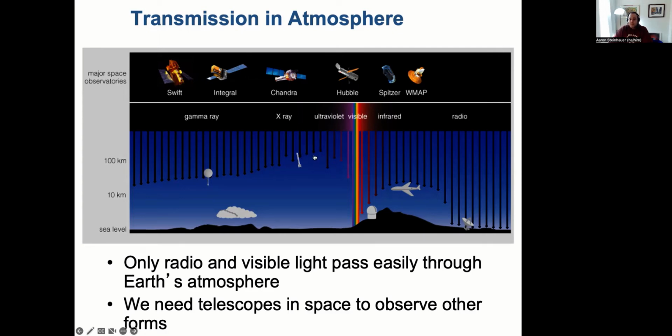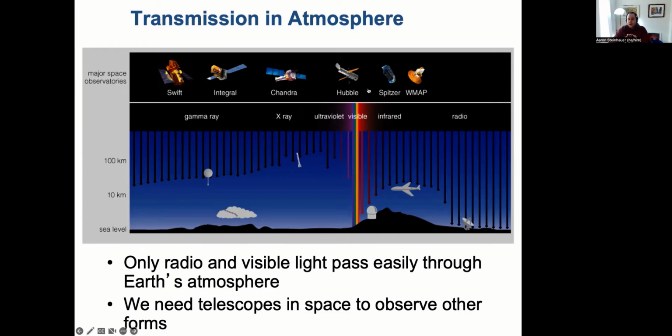But if you want to observe what the universe looks like at those wavelengths, and we do, you can learn different things about the universe in X-ray than you can in gamma ray, than you can in ultraviolet, than you can in visible. And the Hubble Space Telescope was a visible and ultraviolet telescope.